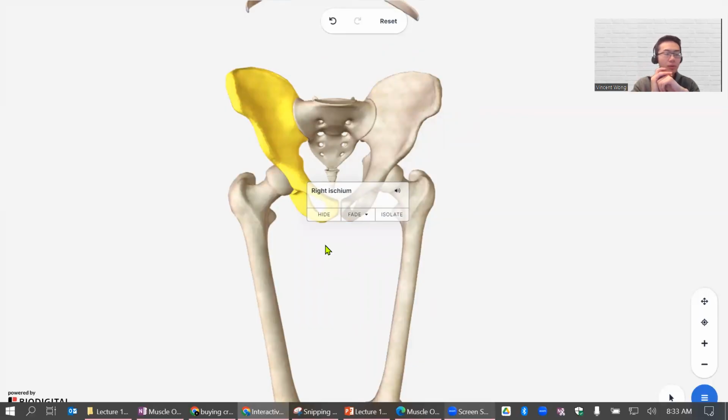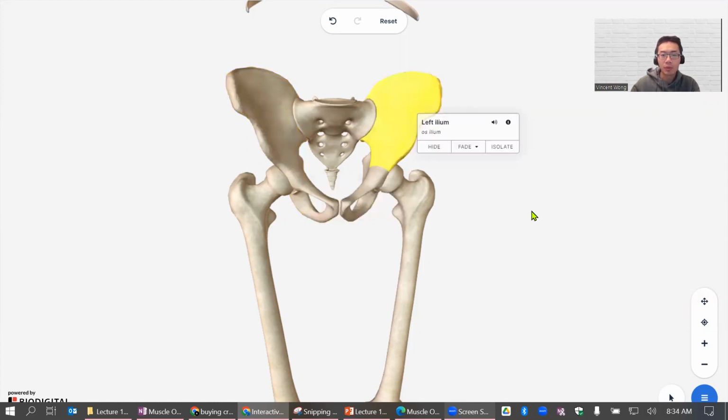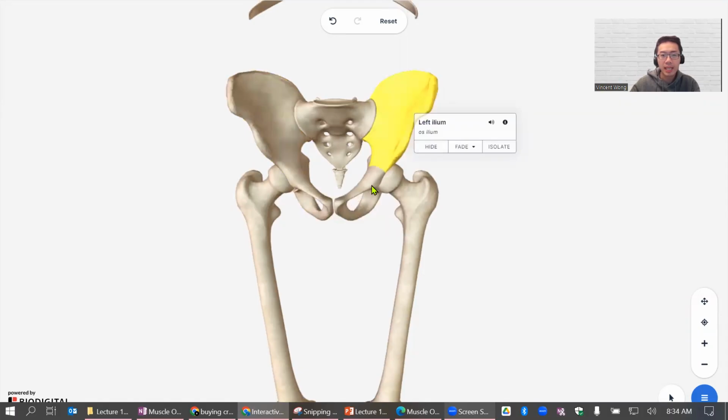That's C-O-X-A-L, coxal bone. So one coxal bone on the right to form the right side of the hip, and then another coxal bone here on the left. So again, there's the ilium, there's the pubis, and then there is the ischium.